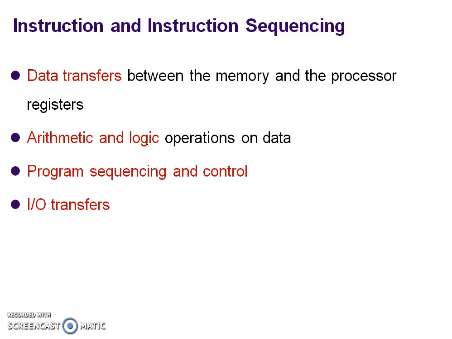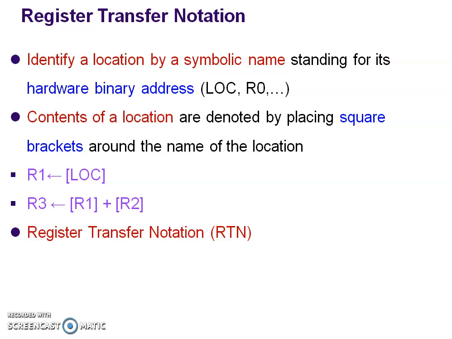Before that, we need to know some notations that will be used for representing the instructions. There are notations like register transfer notation and assembly language notation. Register transfer notation is like giving symbolic names to memory locations.